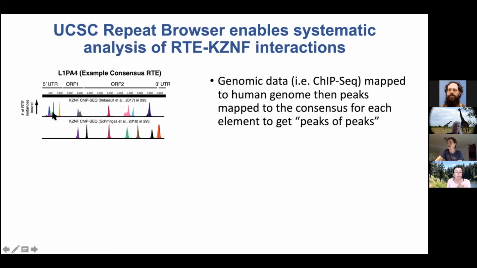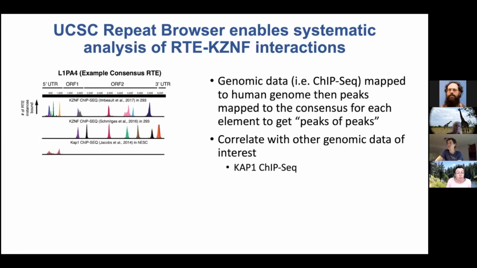And then what we're seeing is what we call peaks of peaks. For every individual instance where a particular KRAB zinc finger gave a ChIP-seq signal, we're mapping it back to the consensus element. When you add all of those together, you get these nice peaks showing that multiple different KRAB zinc fingers are binding to these line elements.